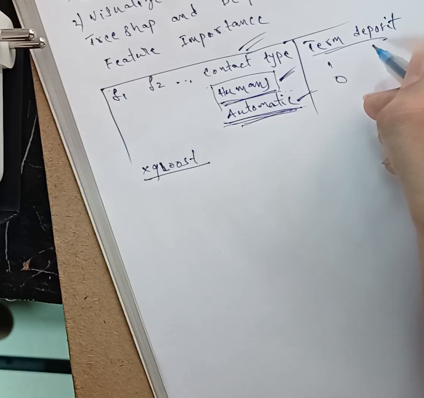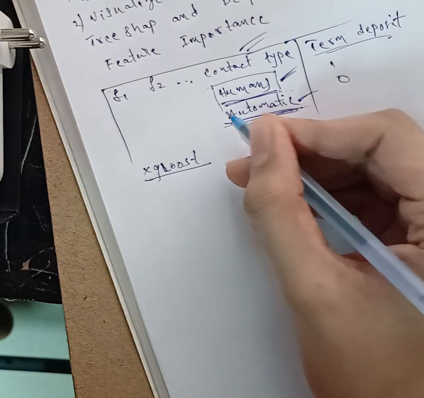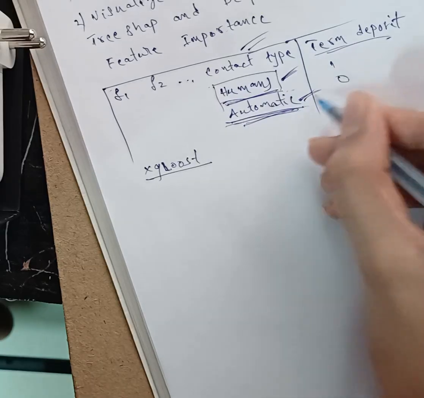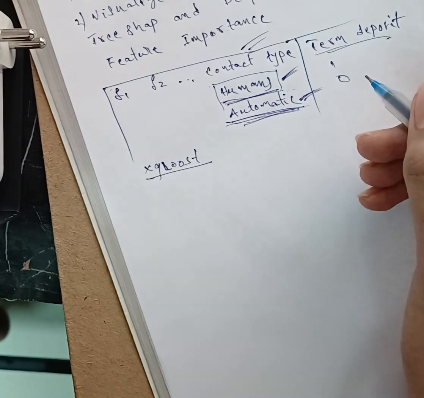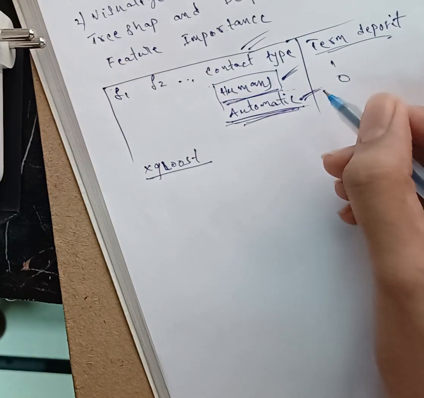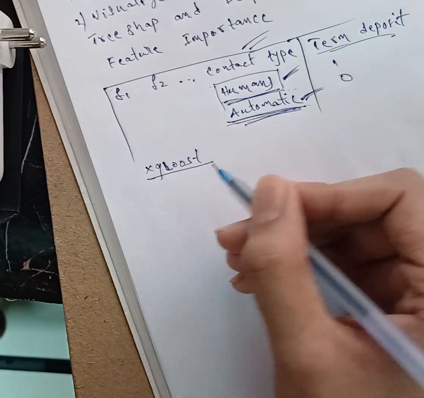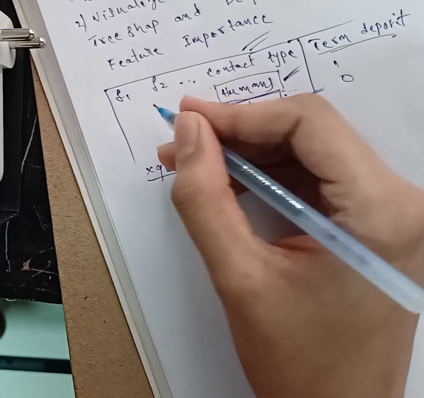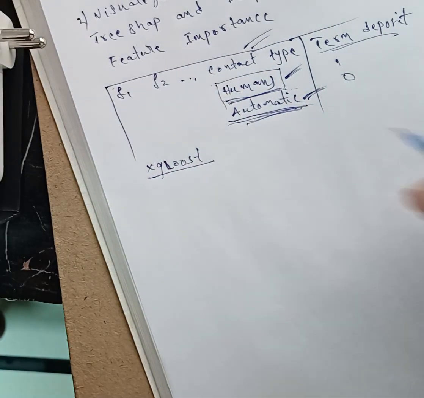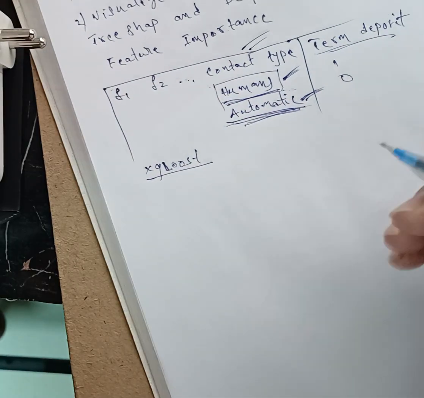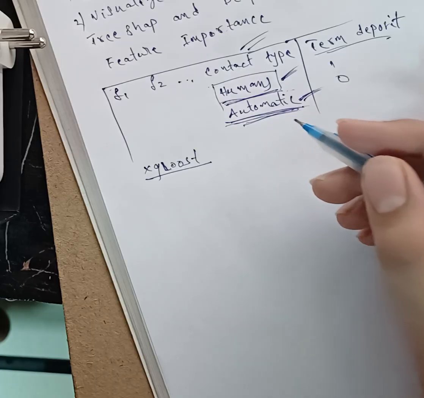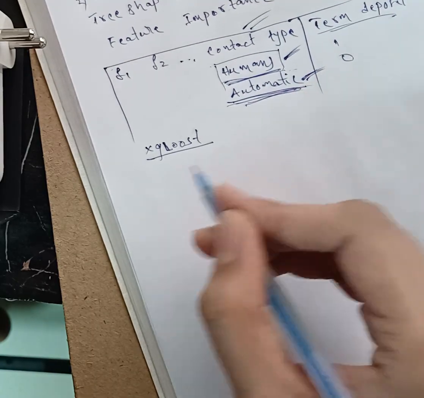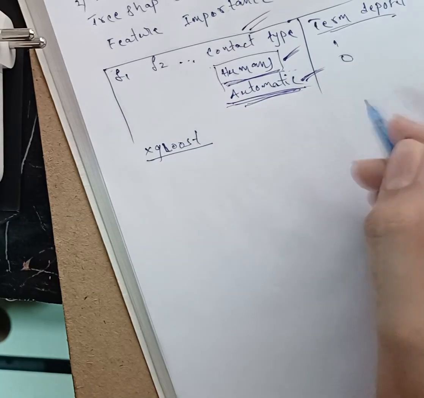So the company will get to know that it's not worth hiring people, so let's try to automate things, and you can do things in a cheaper way. So if you somehow get to know the feature importance, then in real world scenarios there is a lot of value. We can draw many insights from it. This is how feature importance is very useful in real world scenarios.